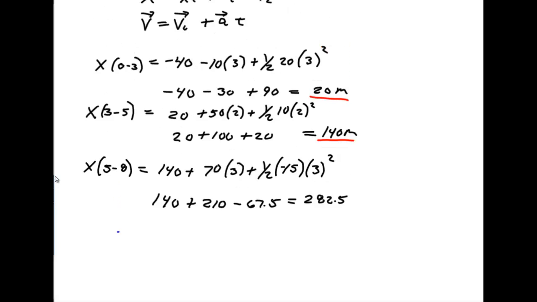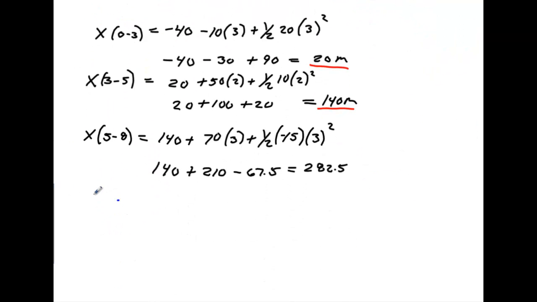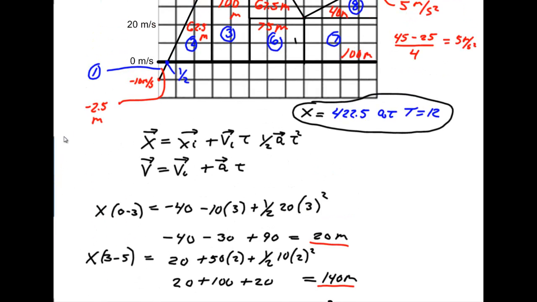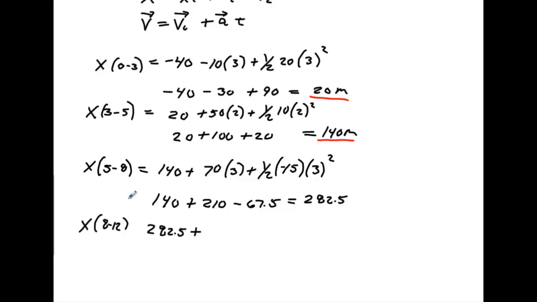Okay. And we come back. We are over 8. Now we need to do another 4 seconds from 8 to 12. So x position between 8 dash 12. We take this position that we had, 282.5, plus the velocity during that point in time, which is going to be 25. So we put 25, operating over 4 seconds.